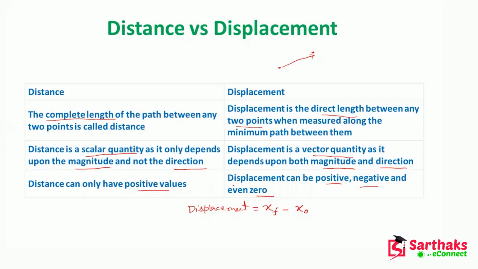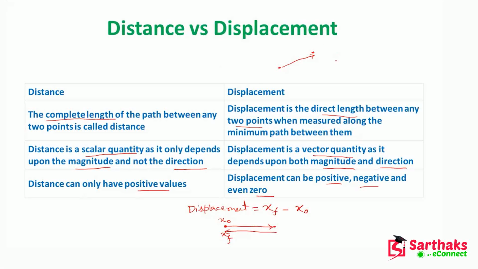Now, suppose I am starting my journey from here. I have gone to school. Then I am coming back from school and I am reaching here. So what happened? What is the total displacement? This was the x0 initial position. It is the final position. So what is the difference between final position and initial position? No difference, zero.